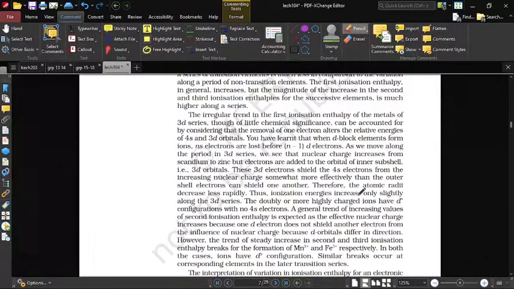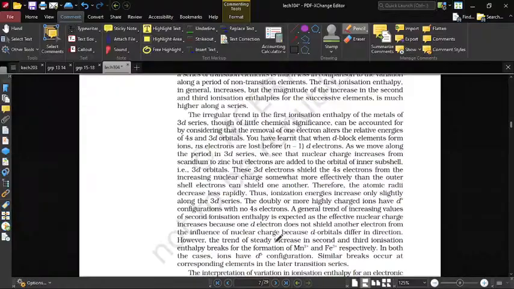Thus, ionization energies increase slightly along the 3d series. The doubly or more highly charged ions have d^n configuration with no 4s electron. A general trend of increasing values of second ionization enthalpy is expected as the effective nuclear charge increases, because one d electron does not shield another electron from the influence of nuclear charge, because d orbitals differ in direction.